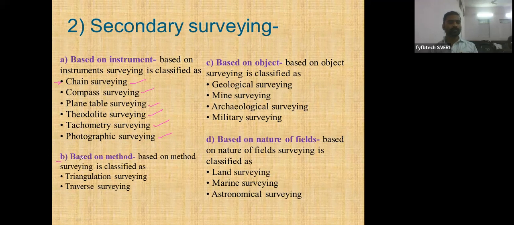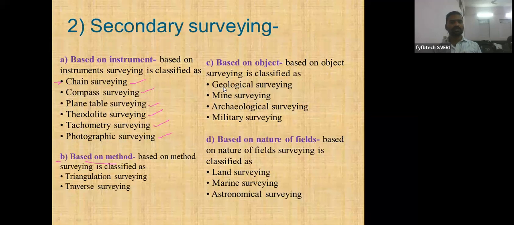Next, B. B is based on methods. First one, triangulation surveying. Second one, traverse surveying. Next, C, based on object of surveying.